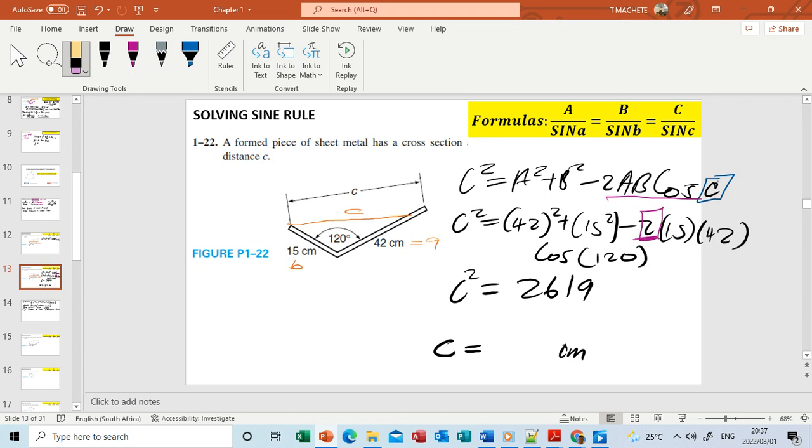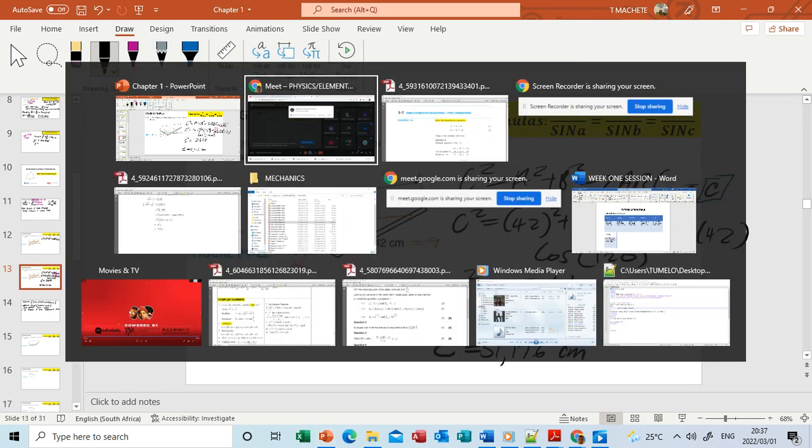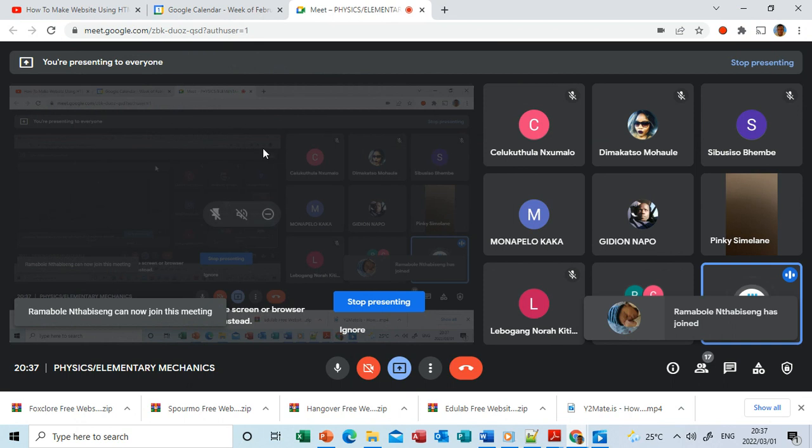Then when you square that, you're gonna put square root. You'll get 51.176. That's what you got, right? Yes. Yeah, now it's correct. Don't make that mistake, guys. Because if you make that mistake, it's a problem. Any question?